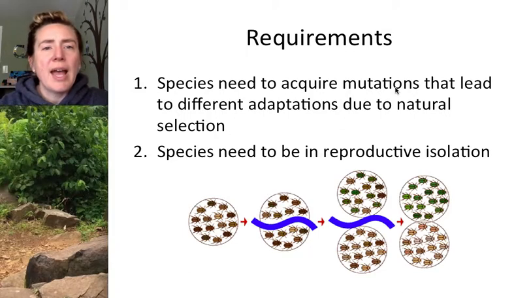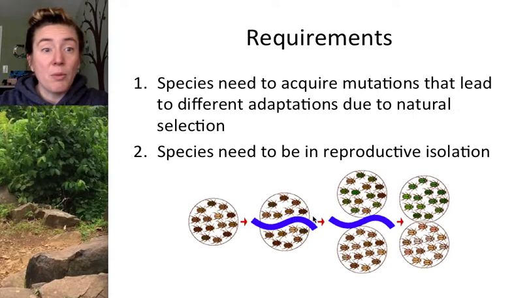So first, you need to have this natural variation within that population. Second, the species then need to be in reproductive isolation. So there has to be some type of barrier in the way that's going to cause these two species to not be able to reproduce. Now, there are lots of different types of reproductive isolation. In this example here with the beetles, you have this physical reproductive isolation. So this is called a geographic reproductive isolation, where there is a physical barrier.